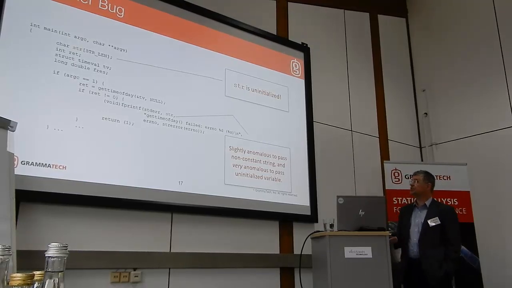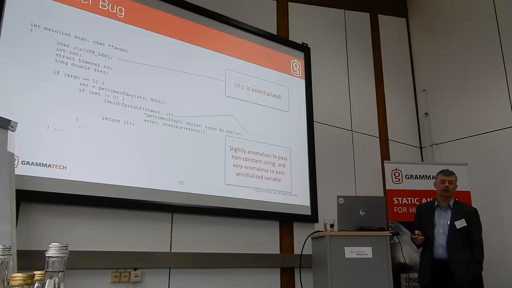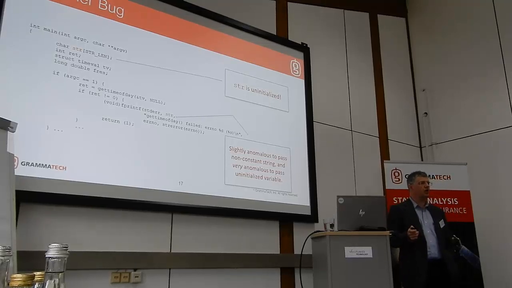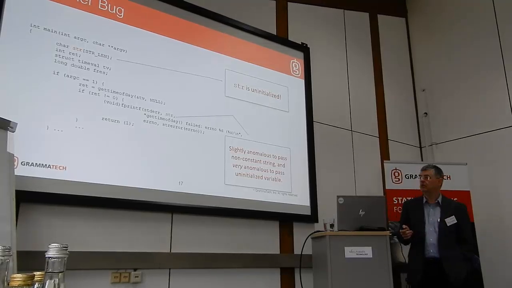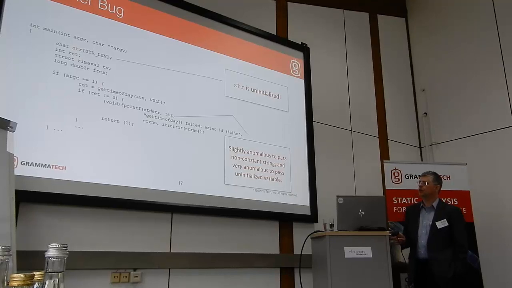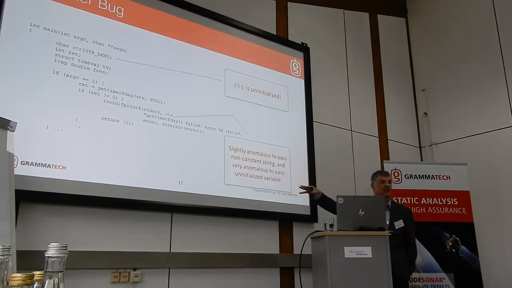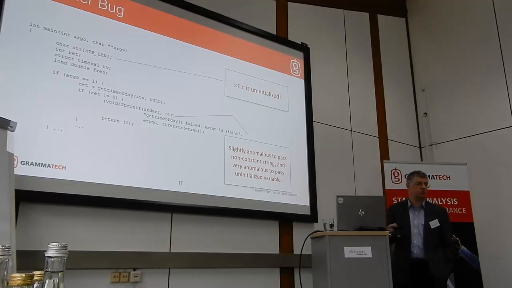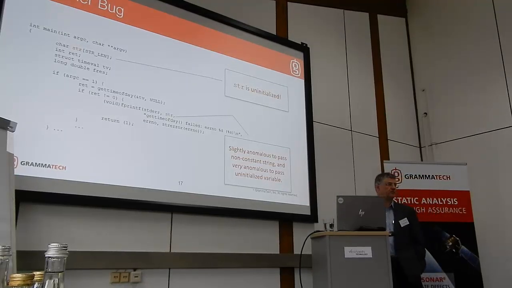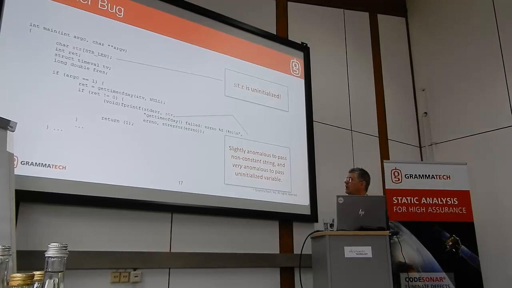Now, this particular bug, it turns out that it's actually fairly unlikely to be triggered, because it's quite rare for gettimeofday to fail. And this is clearly something that is only executed if gettimeofday fails. But somebody wrote this, so there's clearly an expectation that it might fail. And in such a case, well, surely the code that is expected to handle that failure should work.